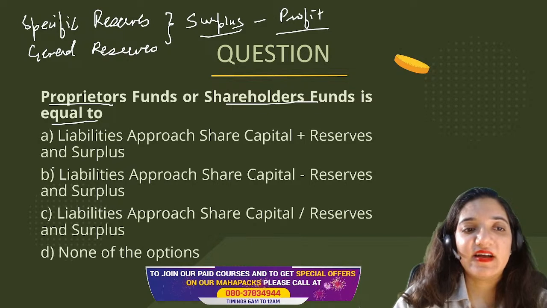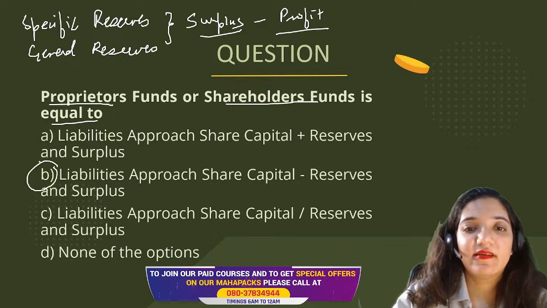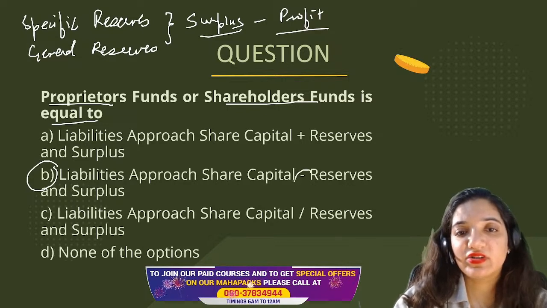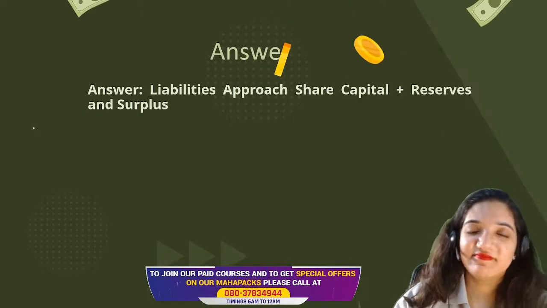So in this case, the answer is going to be B. No, B has deduction. It would be A. Liabilities approach is share capital plus reserves and surplus.